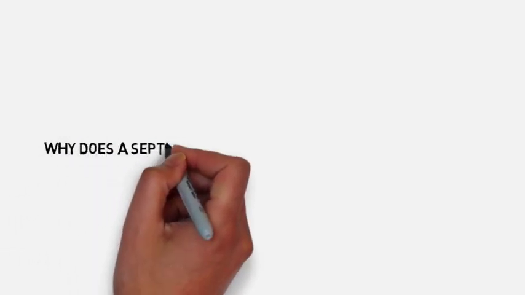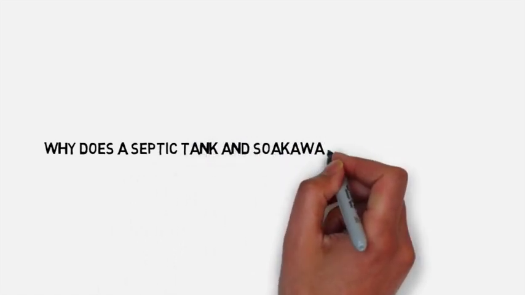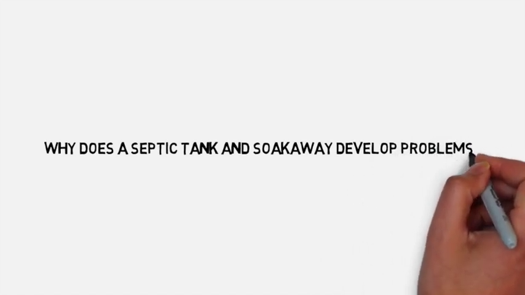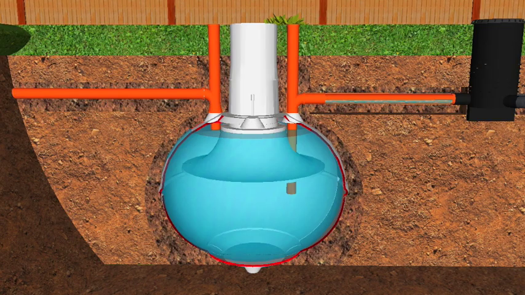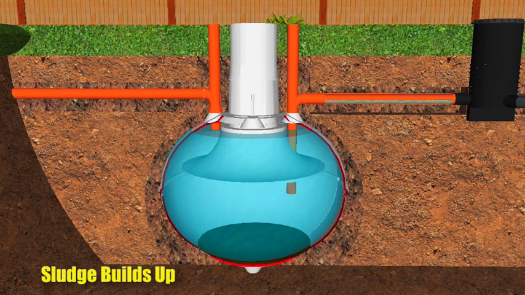So now we're going to look at why a septic tank and soakaway develop problems. The main problem is sludge. Sludge builds up at the bottom of the tank and over time it slowly rises, making its way up the septic tank.